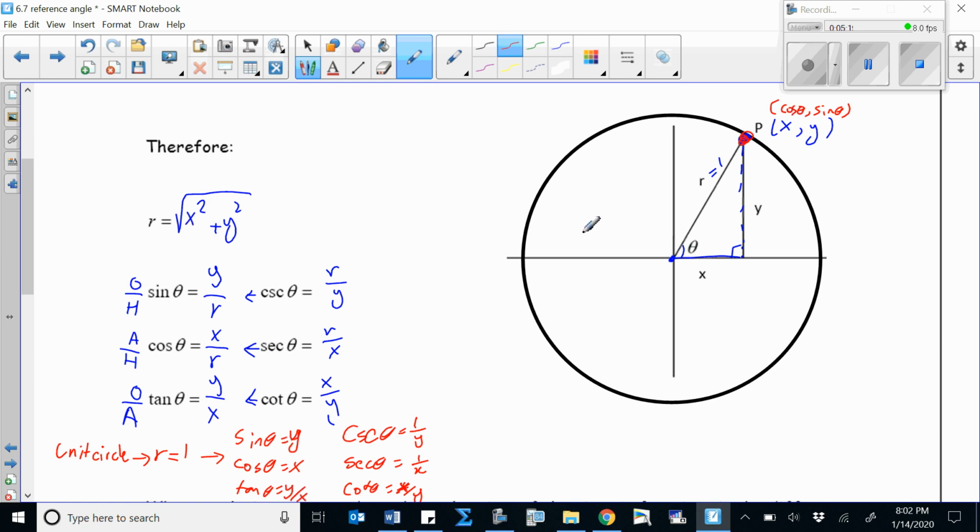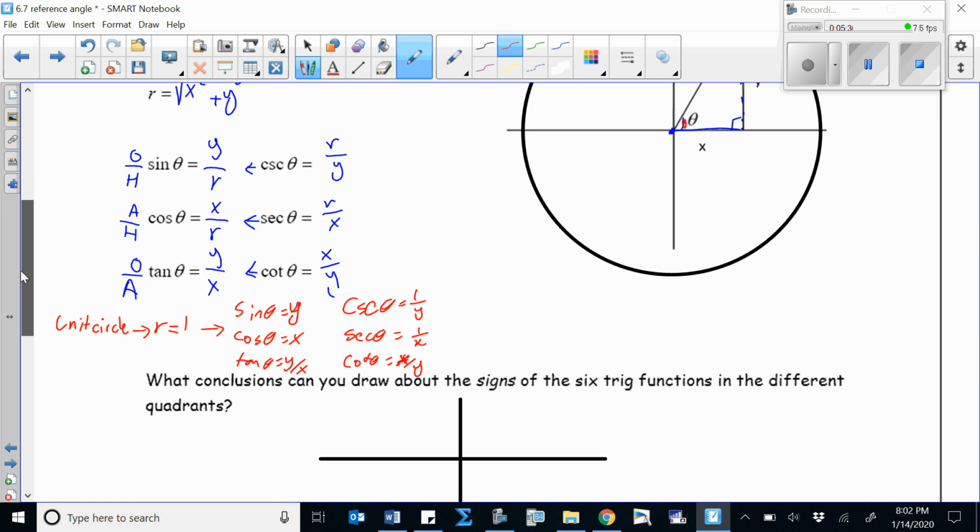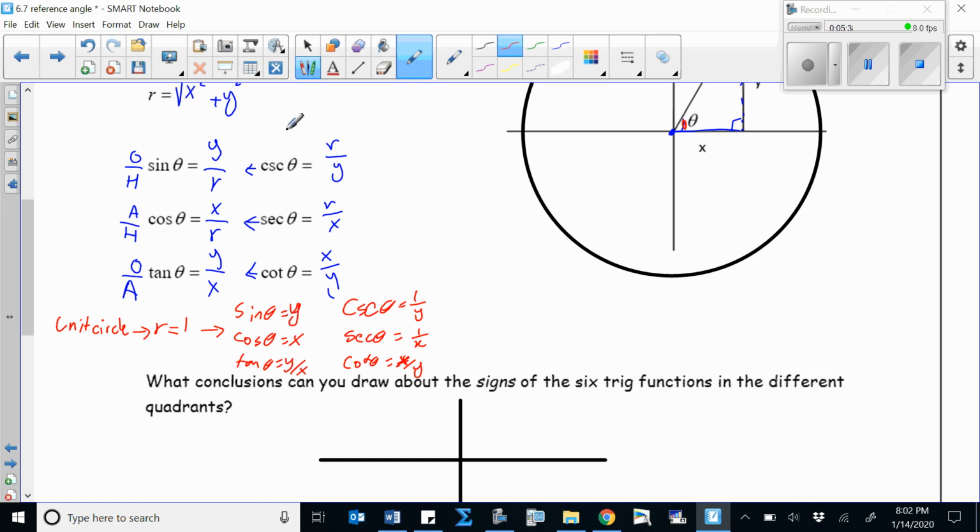Once again, if you have the unit circle and a point on unit circle, the coordinates of that point are going to be cosine and sine of this angle theta, which is made with the x-axis. We can make another conclusion from what we just did here, like all these stuff that I explained to you.